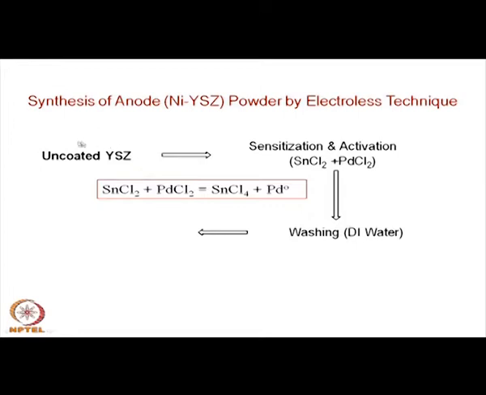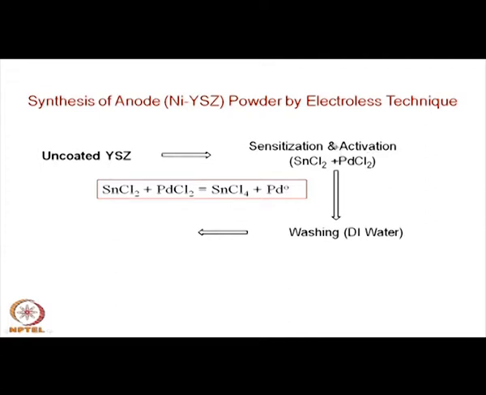Electroless nickel coating is a technique by which a metal can be deposited on a non-metal without any electrical EMF. That is the reason it is called the electroless technique, and it is a very simple technique. You take YSZ powders and put them in a solution for sensitization and activation.